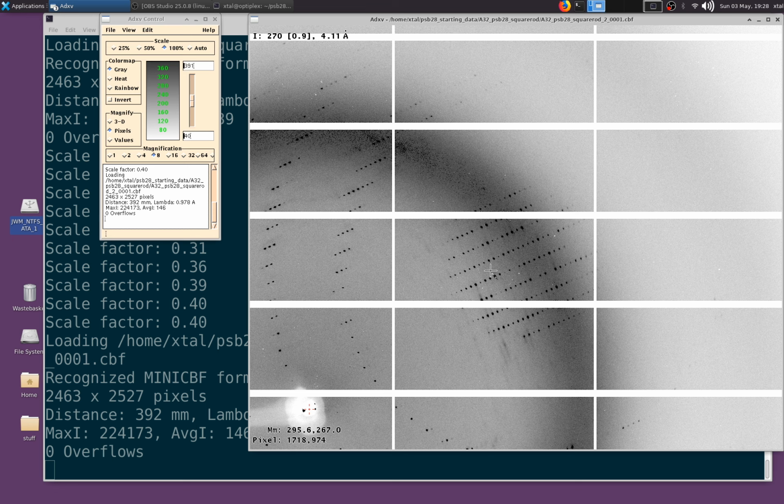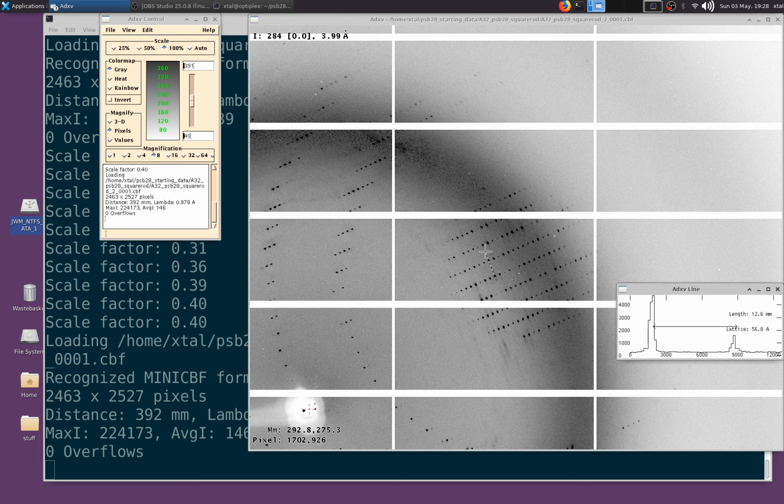And in the other direction, the spot spacing is larger, which means the unit cell is smaller. So just drawing a line through those, it comes out at 56 or 57 angstroms. So when we integrate this data, we should be looking at a unit cell of about 180 by 56 angstroms.